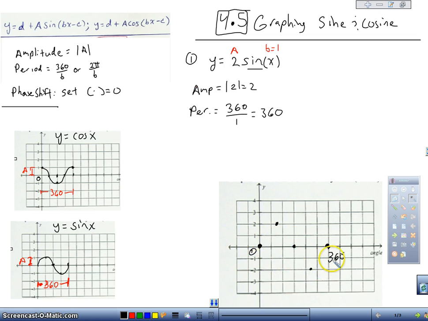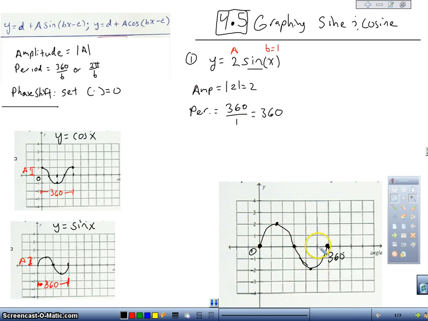So okay, we are ready to graph this. So one mountain followed by one valley. When you do this, try to space out everything nicely, and as high as you go, that's how low you're going to go as well, because of the amplitude.